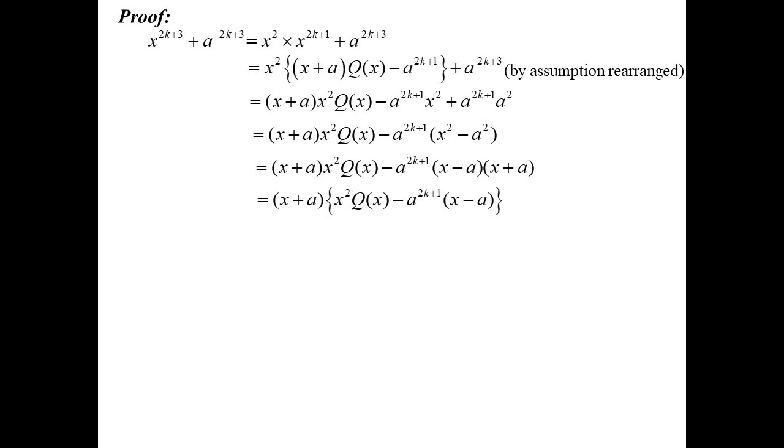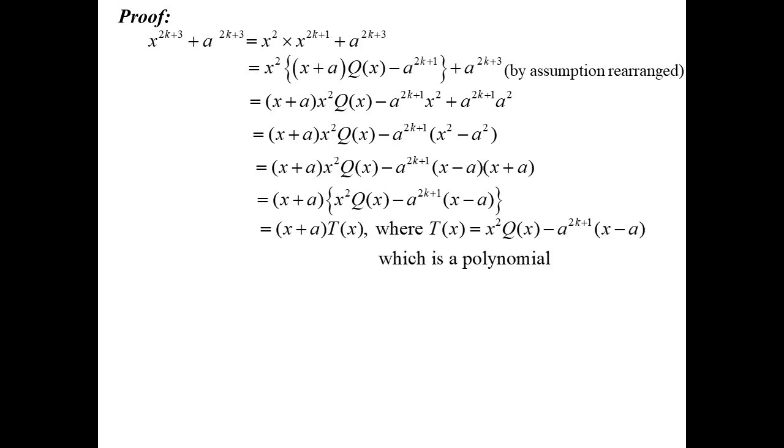What am I left with? Remember, this time I'm not trying to say this is an integer. I simply have to say this is a polynomial. Is that a polynomial? Well, I get a polynomial multiplied by x squared. It's still going to be a polynomial. And I'm subtracting a to the power of 2k plus 1, which is just some number, times x minus a. Well, that is going to be a polynomial.